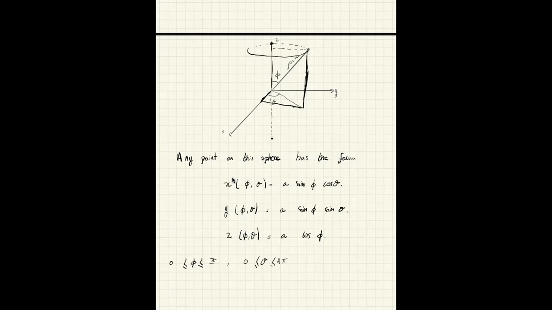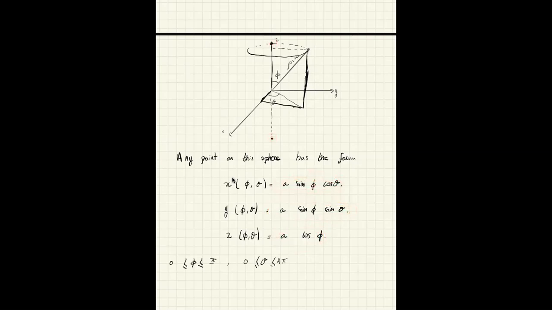It's obvious if you plug in phi equal to 0 or pi, this is equal to 0, this is equal to 0, and this is equal to a, so it stays here. If you plug in pi here, it's here.